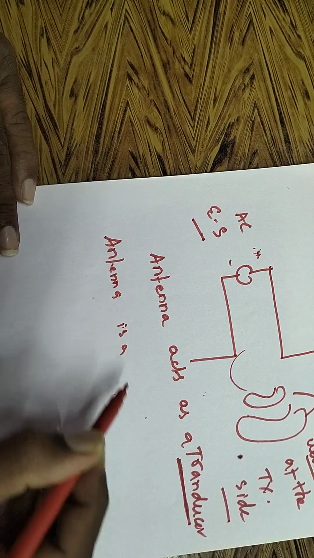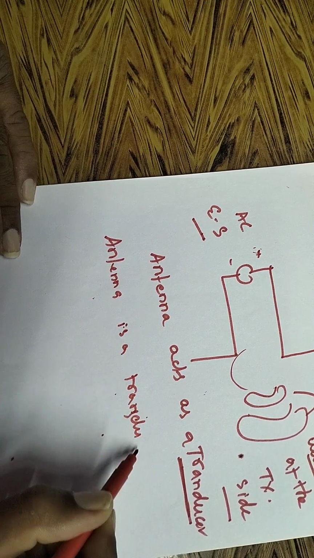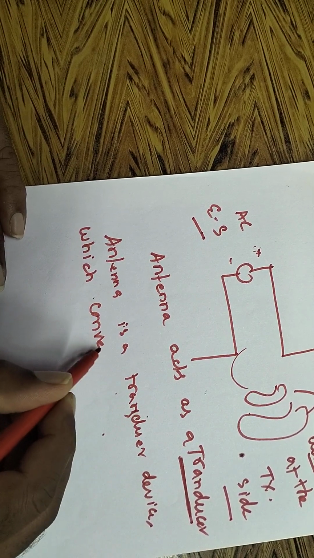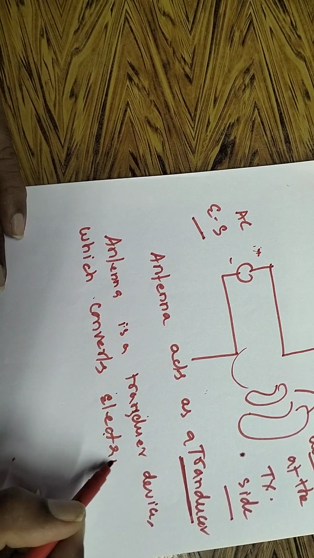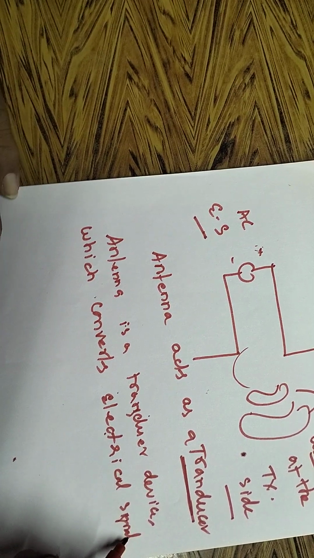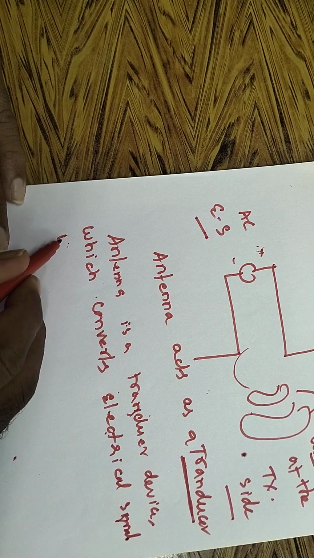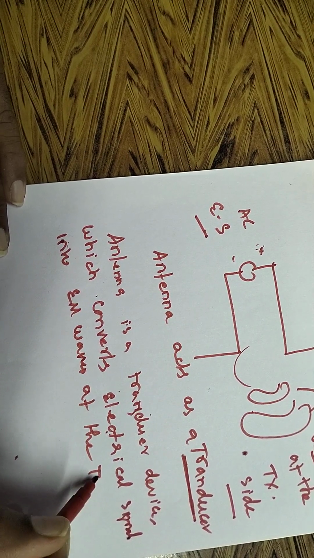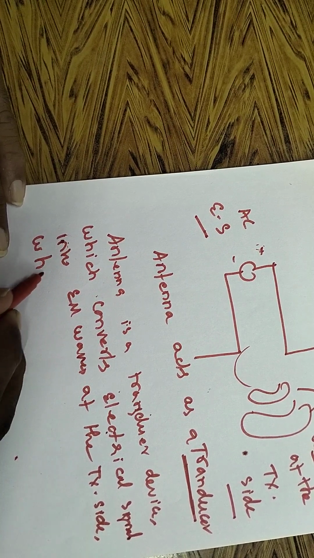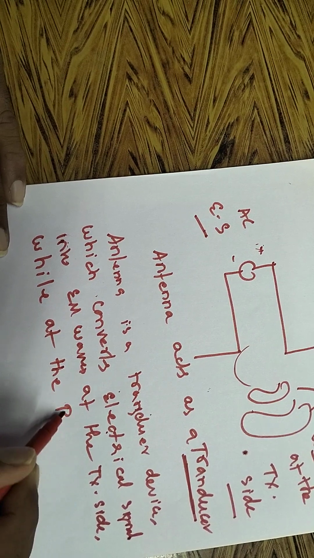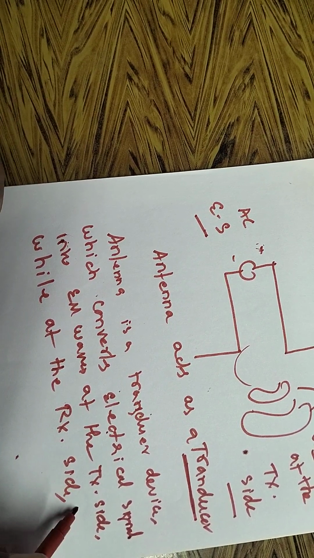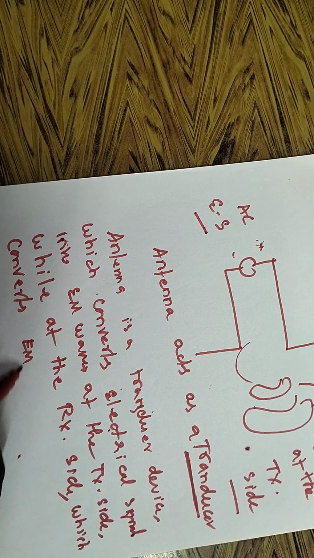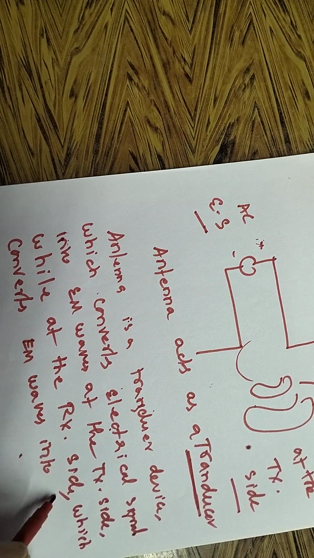Antenna is a transducer device which converts electrical signal into electromagnetic waves at the transmitter side, while at the receiver side, it converts EM waves into electrical signal.